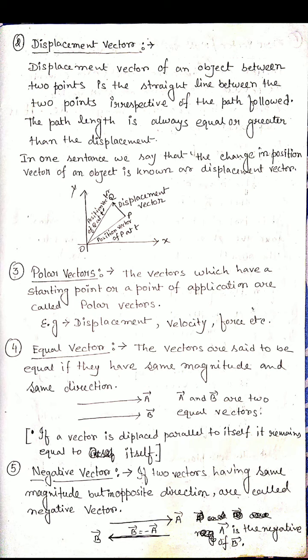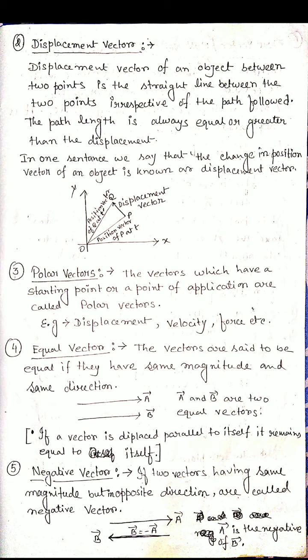Okay, now next is equal vector. From the name we get the answer. Equal means when the value is the same for both cases or both objects.